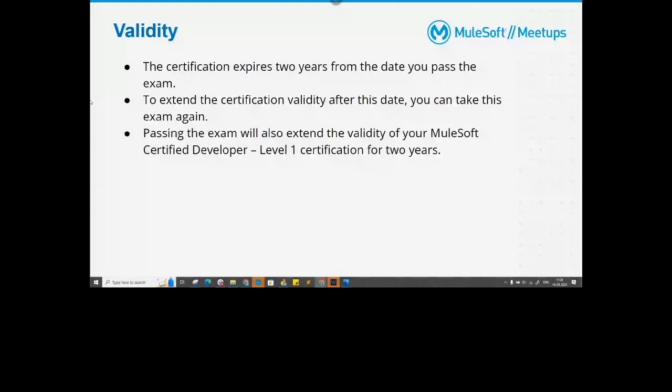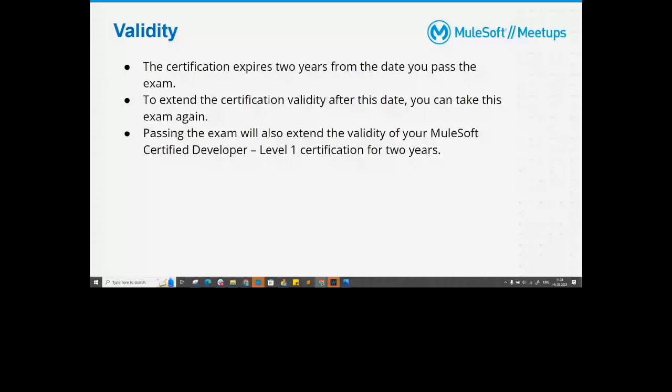Validity. This is interesting, actually. First, the certification expires 2 years from the date you pass the exam, just like any other MuleSoft certification. And to extend the certification validity after this date, you can take this exam again. So we have a maintenance exam, just like we have for any other MuleSoft certification exams. So you can extend the certification's validity.